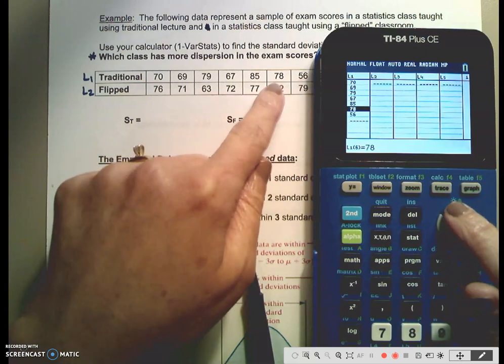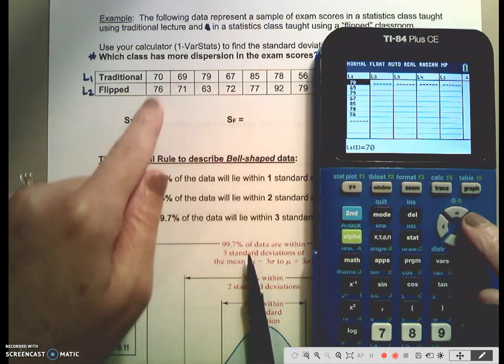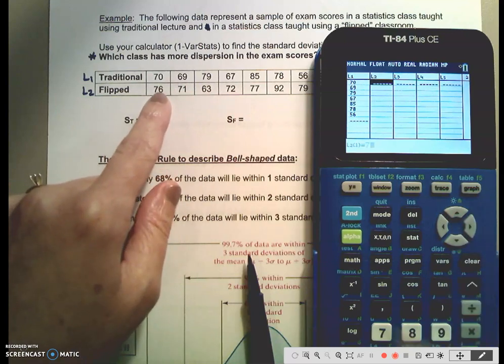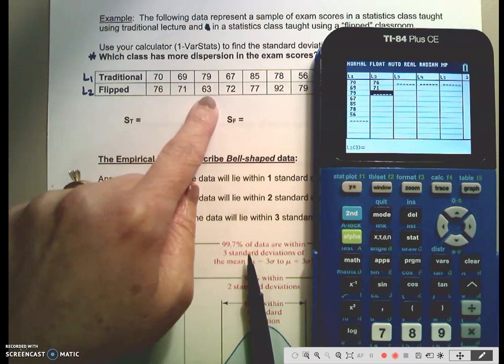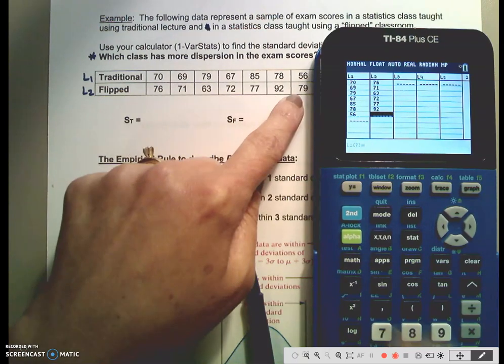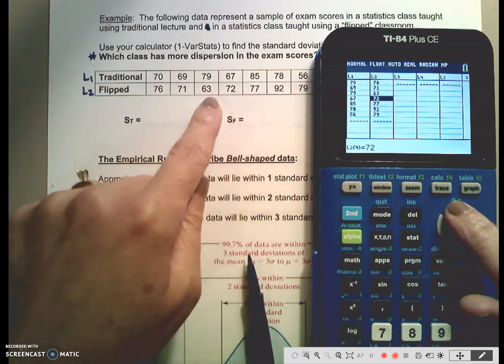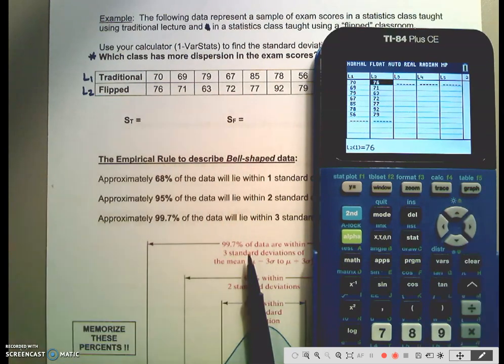The beauty of videos is if I go a little too fast, you can always pause or back up. And then in list 2, I'm going to put the other one. I'm just double checking to make sure I got them entered correctly. Okay. Traditional, flipped. We want to see which one has more variation or dispersion.